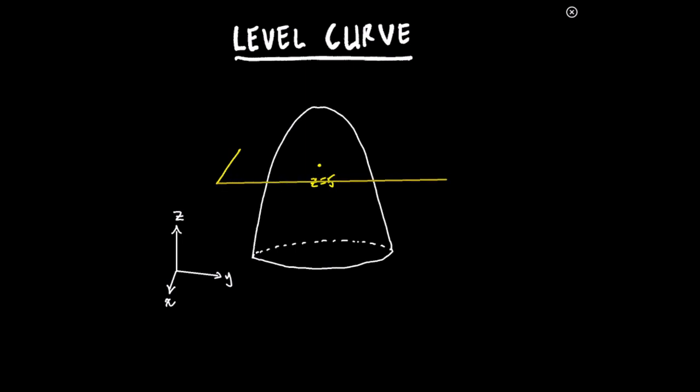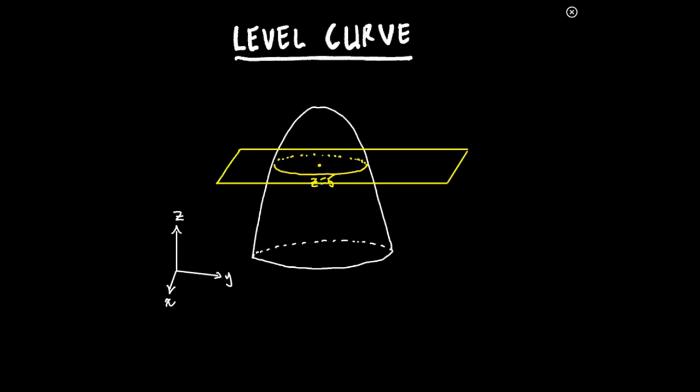If we were to graph what z equals 5 actually looks like. And the level curve is where this plane intersects with the paraboloid or whatever other function we were trying to find the curve of.